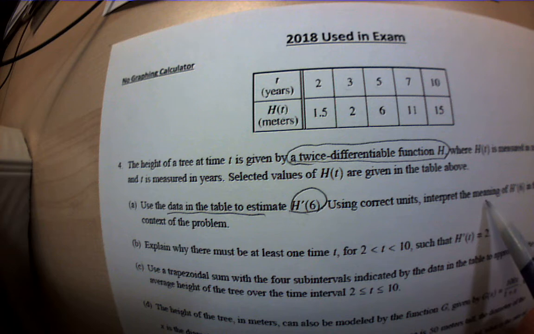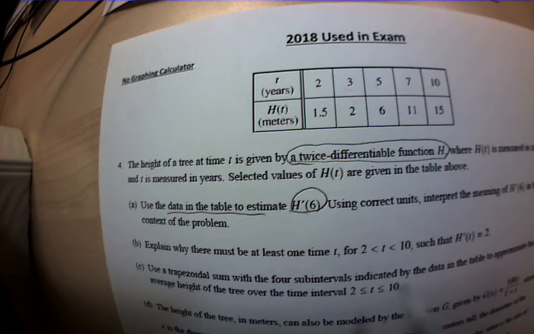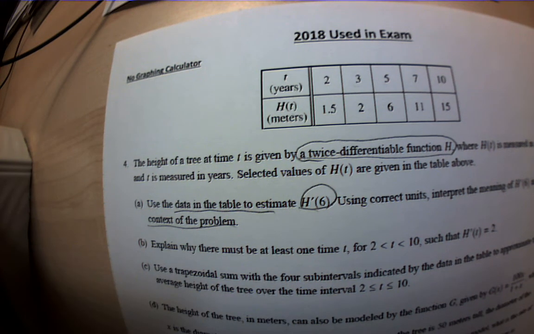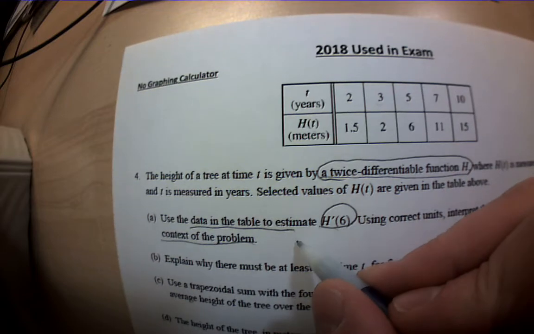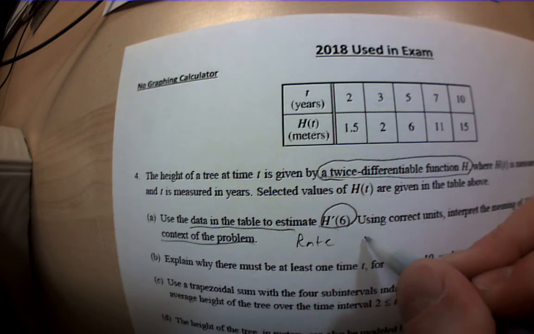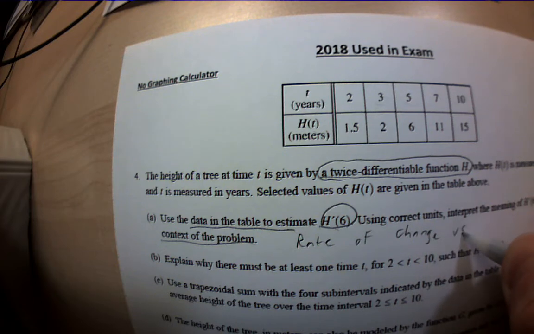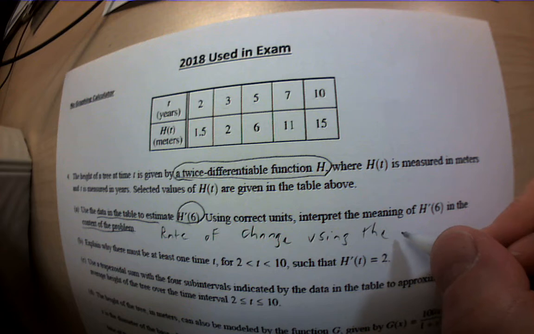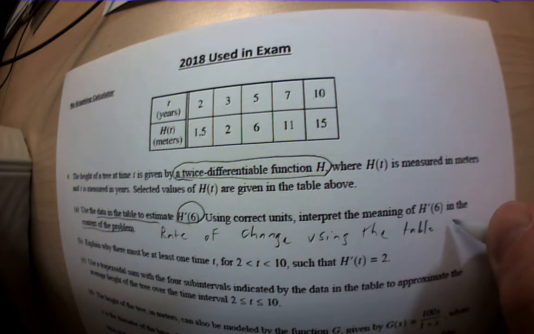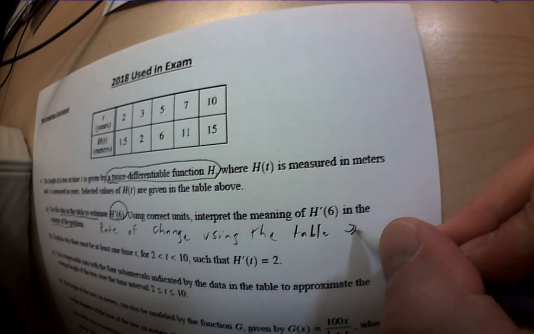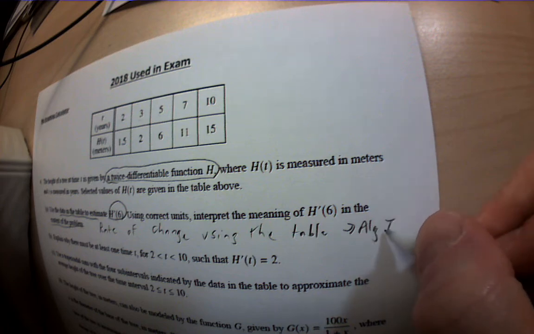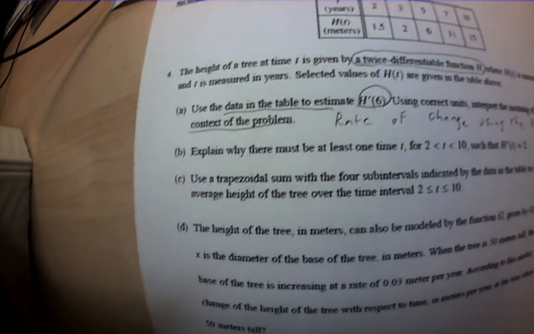Using correct units, interpret the meaning of h prime of 6 in the context of the problem, okay? So guys, that's a rate of change using the table. Guys, it's algebra 1, okay? That's an easy one, okay?